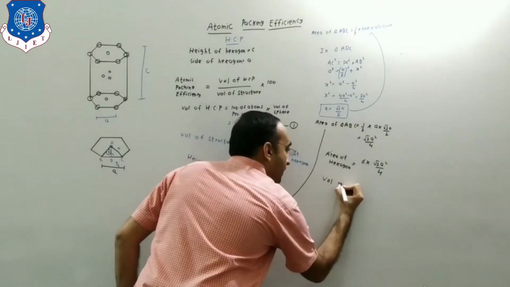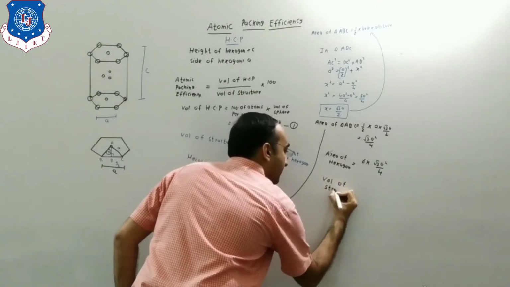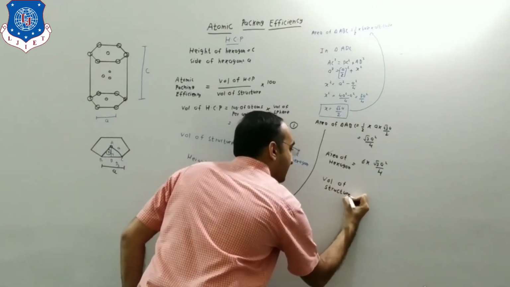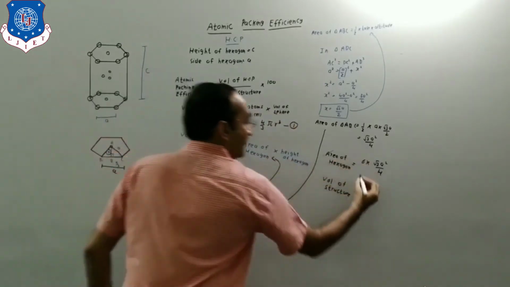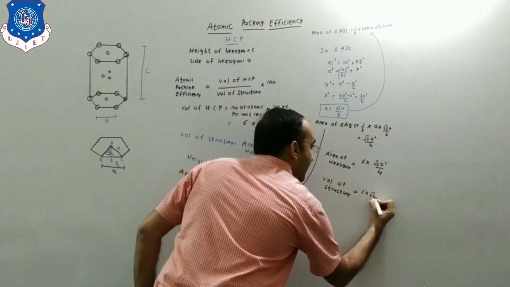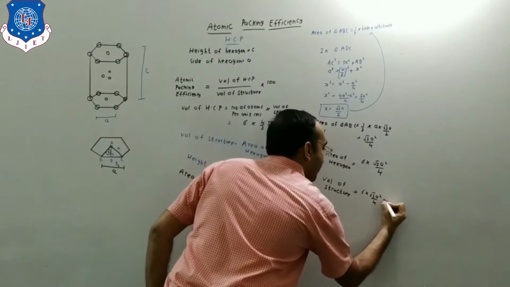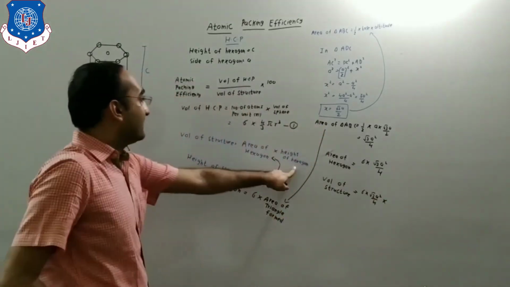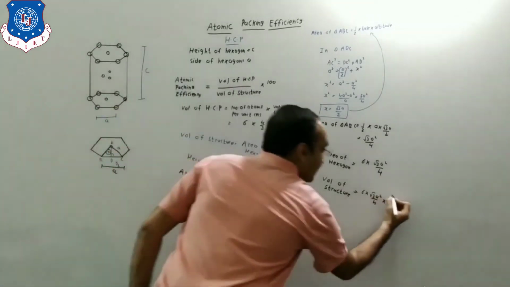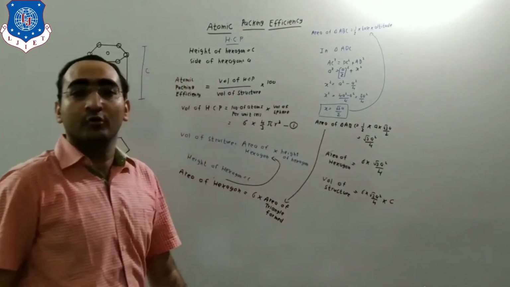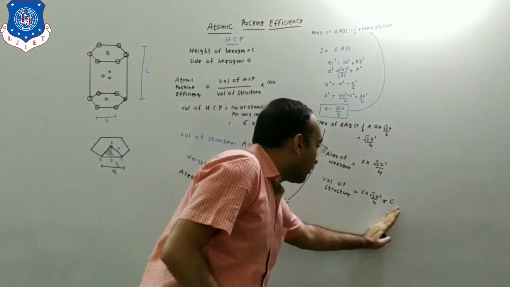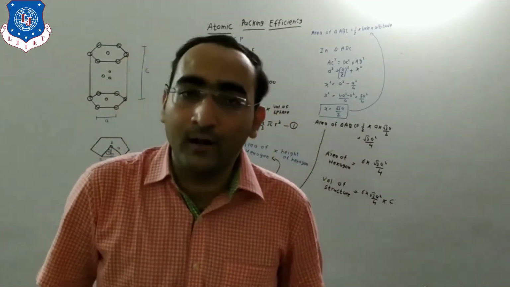So volume of structure will be equal to area of hexagon, so 6 multiplied by root 3 a square by 4, multiplied by height of hexagon, we have taken it as c. So we have placed all the values, but c is the unknown quantity.